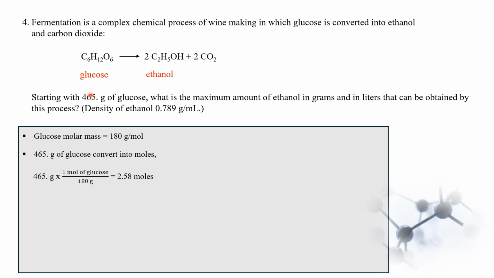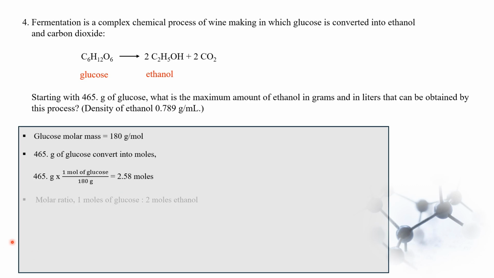Now let's go back to the equation. 1 mole of glucose reacted to produce double that amount, 2 moles of C2H5OH. So 2.58 moles of glucose reacted to produce 2 times this amount of ethanol.